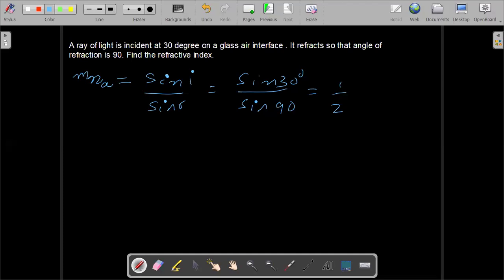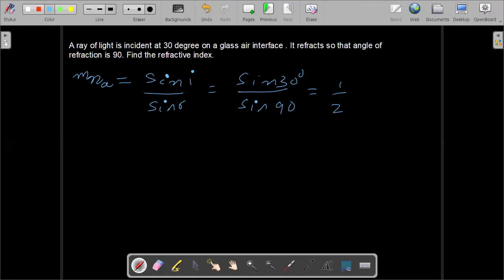Any other doubt from the chapter light? If anyone has any doubt from chapter light, you can ask. Any doubts? No, sir.